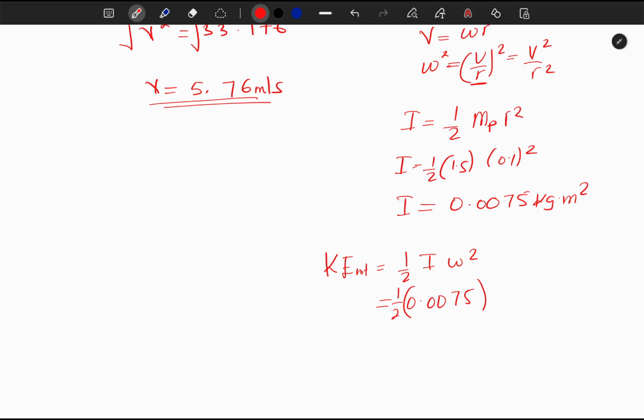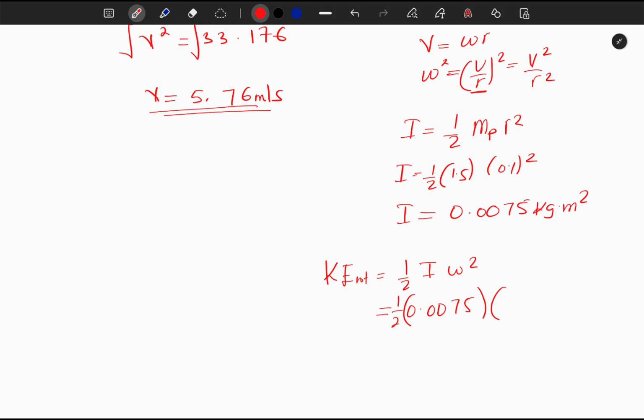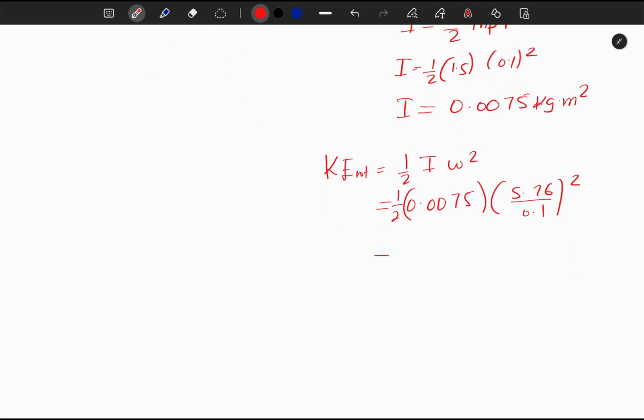I again has got half, so the half is still there. Then we are putting V was 5.76 over radius is 0.1. Then that is being squared. Everything is being squared. Let's punch now on the calculator.